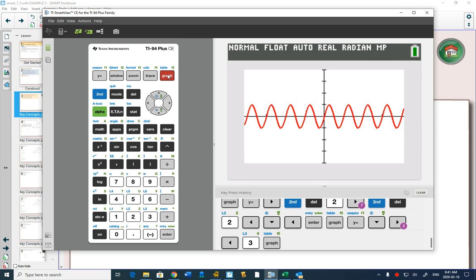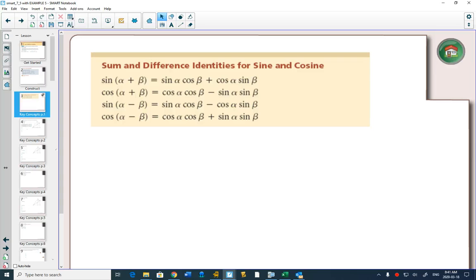So alpha and beta are just different factors of compression? Alpha and beta are just different variables, saying you have 2 different angles you could combine together. So for example, if you wanted to find sine of 60 degrees, which you know is root 3 over 2, you could do 30 degrees plus 30 degrees here.